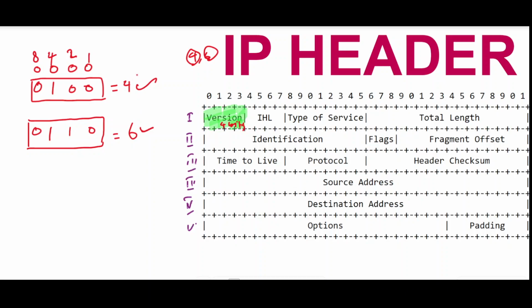So this way we are using IP version 4 and IP version 6, and this is very helpful to meet the need of IP addresses. IP version 4 is 32 bits only, and IP version 6 is 128 bits.